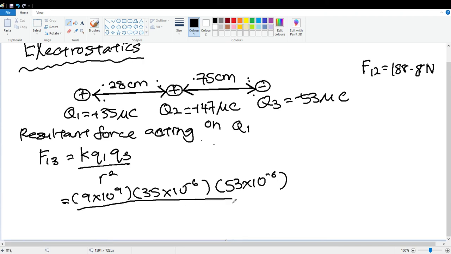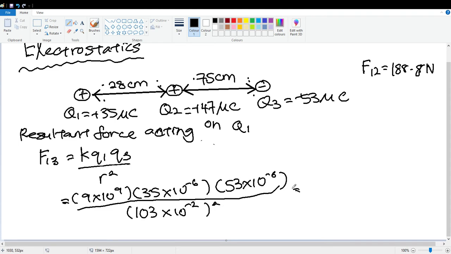Okay, so my R is actually 28 plus 75. 28 plus 75, what we get is 103 times 10 to the power of negative 2, and this is squared.